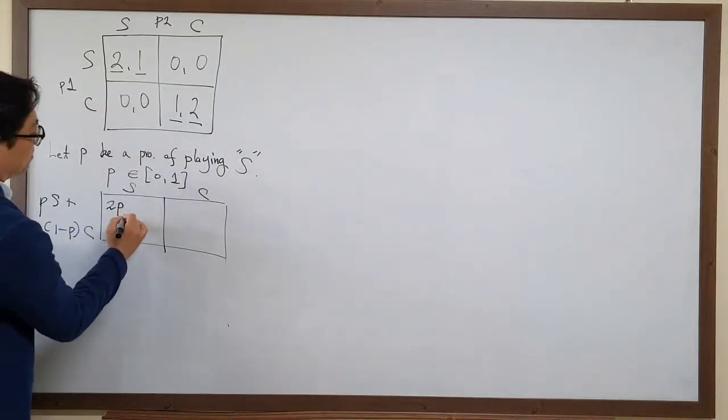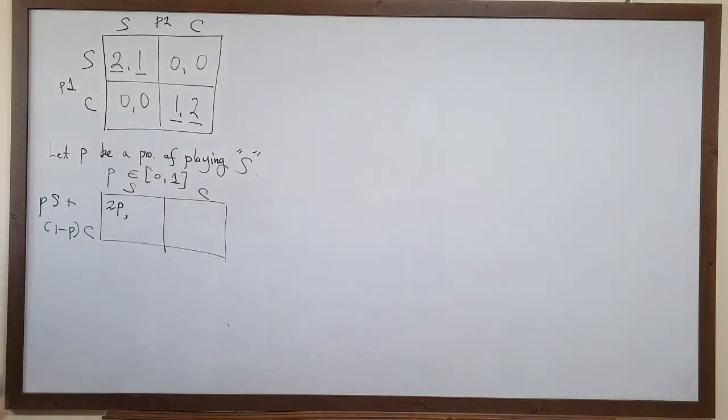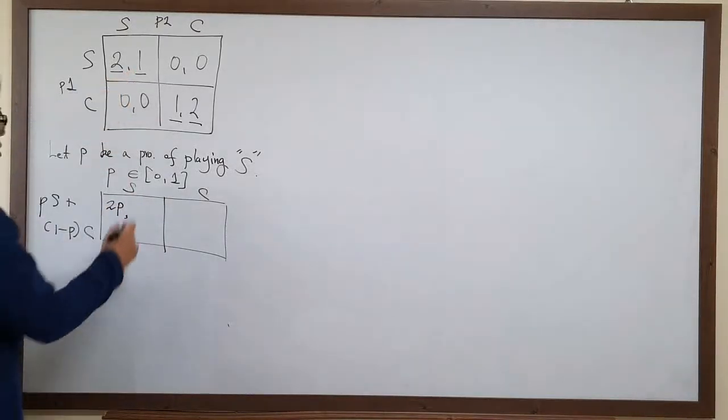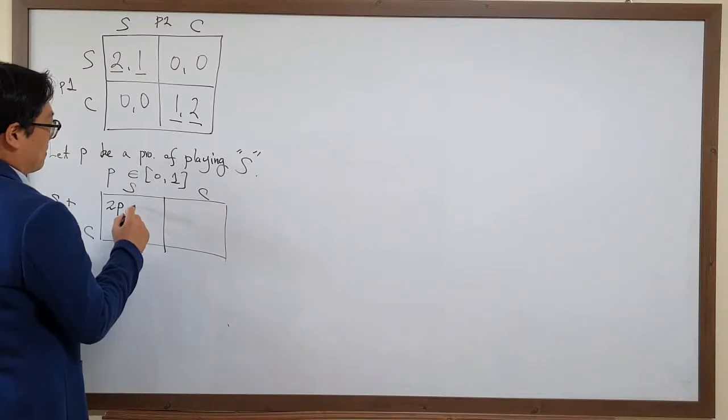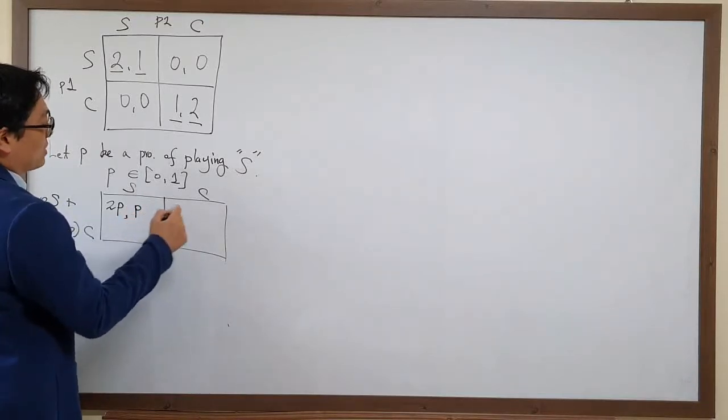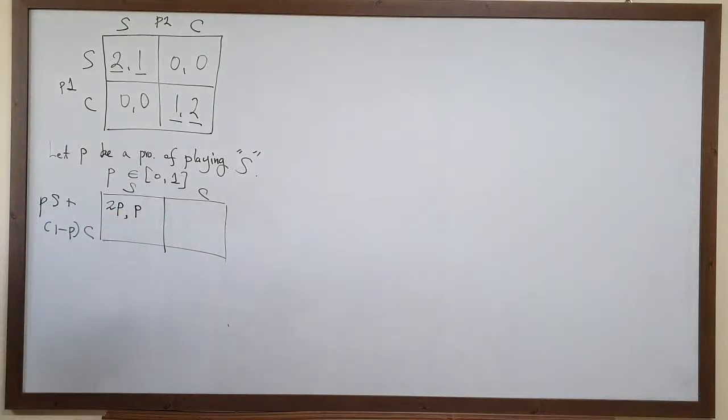So that is 2P. And also, player 1 will get 1 times P plus 1 minus P times 0.